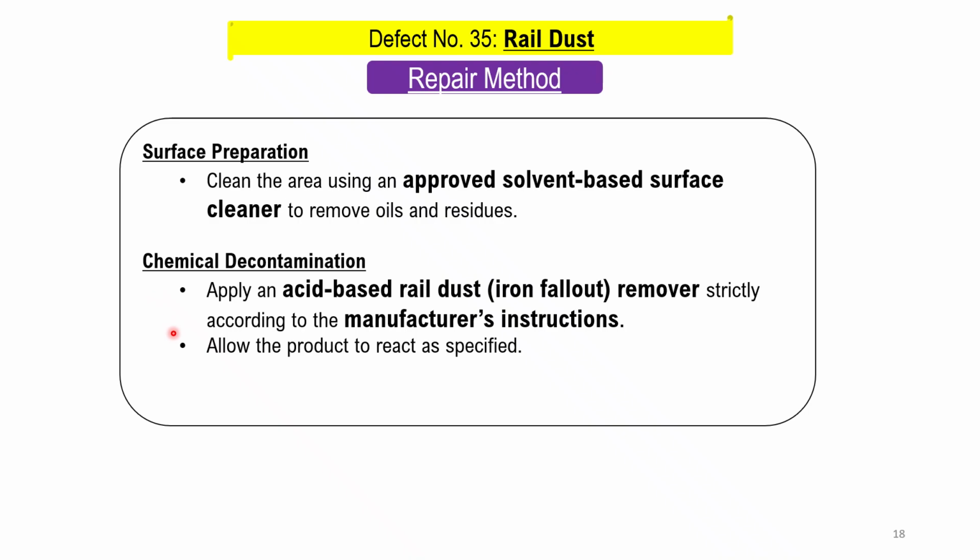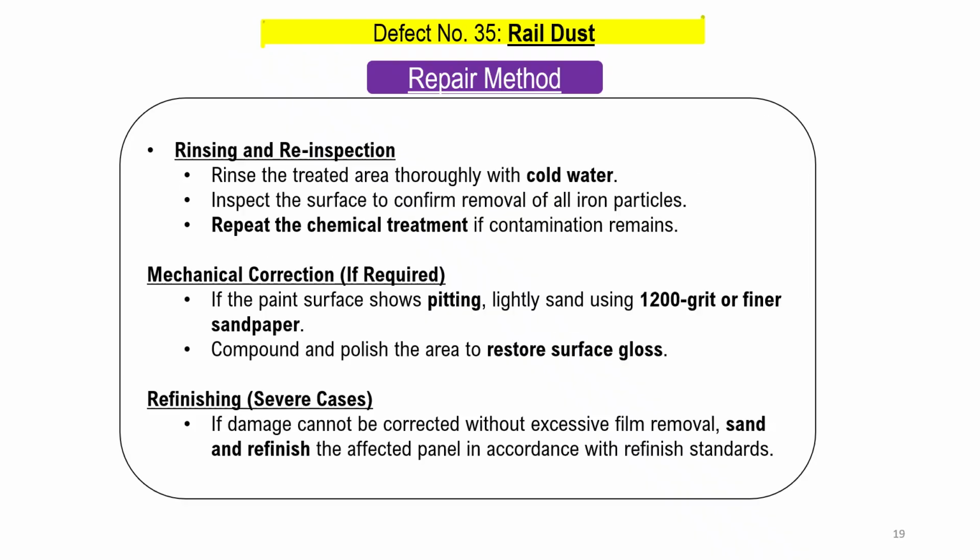Allow the product to react as specified. Then, rinsing and reinspection. Rinse the treated area thoroughly with cold water. Inspect the surface to confirm removal of all iron particles. Thereafter, repeat the chemical treatment in case contaminations are still there.